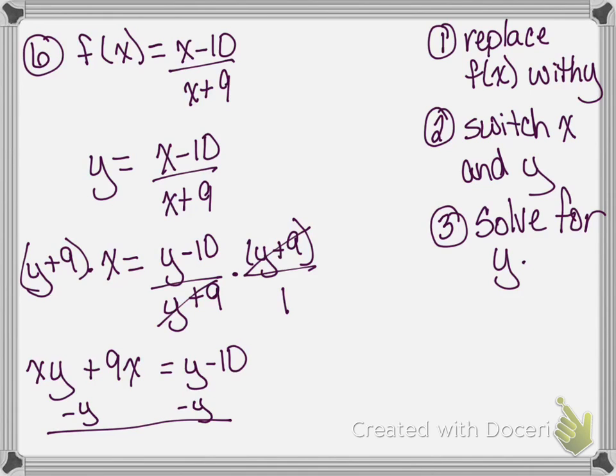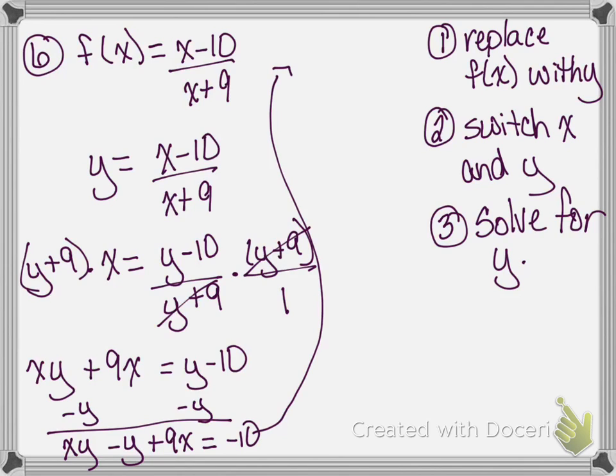But they're both exactly the same. So now I have xy minus y plus 9x equals -10. I'm going to go right up here. So I have xy minus y plus 9x equals -10.